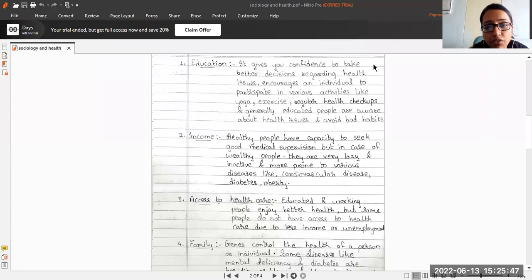If a person gets better education, he will feel confident, as he knows everything, and he will feel confident to take decisions of his life on his own. In taking such decisions, he will also become aware of the different health issues ongoing in recent society.